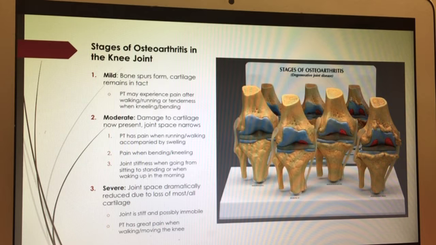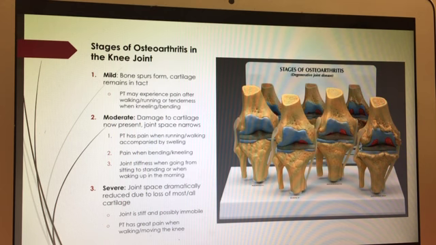There is also a loss of joint space, as you can see, in between the two bones, the femur and the tibia. The joint is very stiff and possibly immobile, and the patient has a lot of pain when walking or moving the knee. So in patients with severe osteoarthritis, you have to be careful when moving the joint.